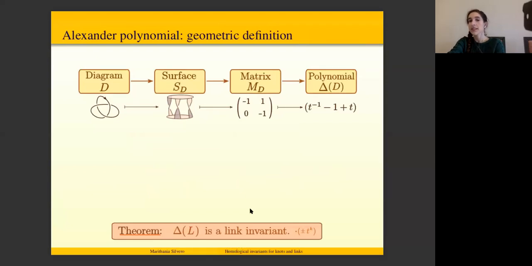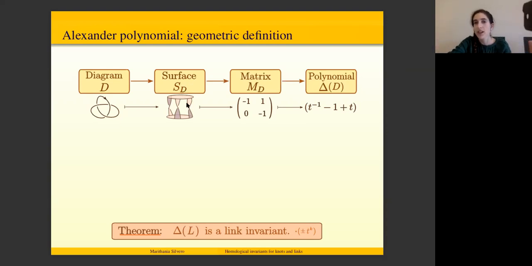The proof is very nice because we use a result saying that if you have two surfaces with boundary, their boundaries represent equivalent links if and only if the surfaces are related by a finite sequence of isotopies, adding a tubing, and compressing, meaning cutting a cube and putting two copies, surgery, okay?